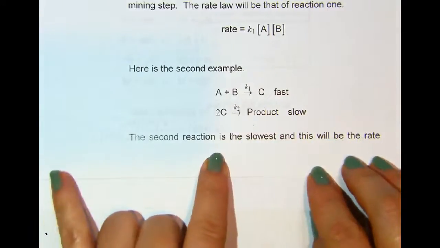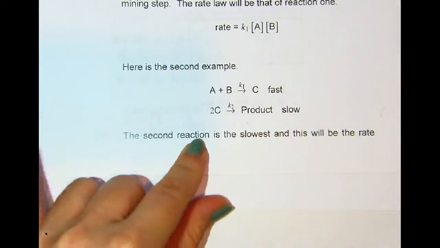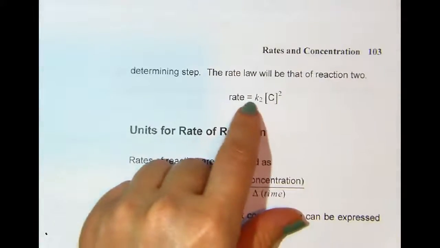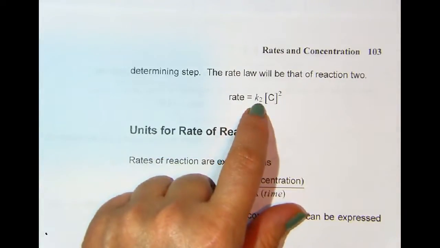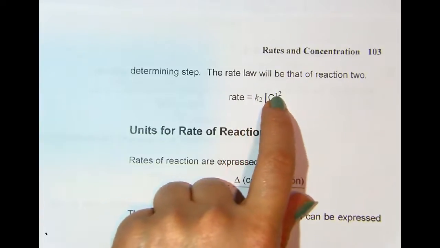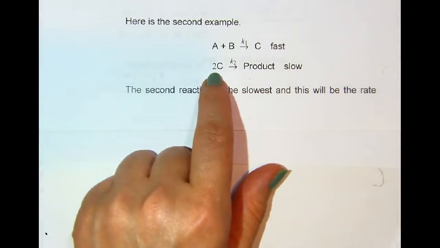The second reaction is the slowest, and this will be the rate determining step. And therefore, you would write the equation as such. The rate is equal to K2, the rate constant for the second reaction, times C raised to the second order because there was a coefficient of 2 here.